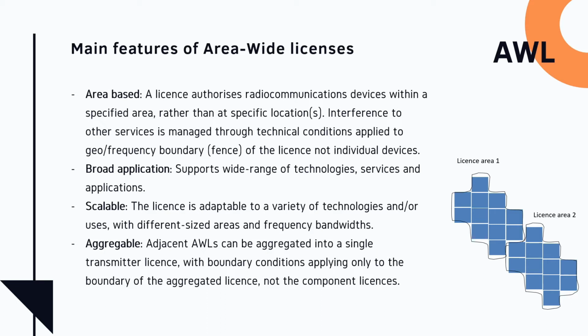It can support a variety of technologies and also frequency bandwidth combinations. Individual AWLs can also be aggregated to form a larger AWL license, as you can see on the right hand side. Here you see there are two areas, two AWLs. Each one of them is made of many smaller grids. This is the first boundary here on the left, and then the second boundary. So you could actually join these two and then work with the overall license boundary.